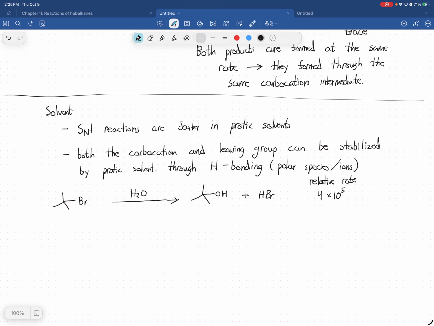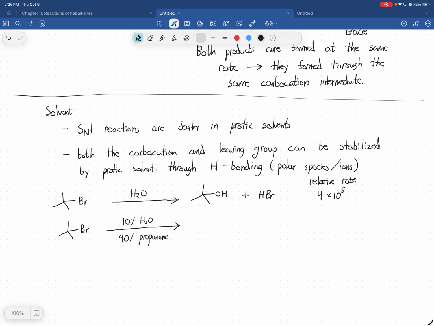All right, now let's see what happens if we dilute the water a bit by using a larger amount of a different solvent. So we're not going to use a protic solvent. We're going to use a polar aprotic solvent. So we have 10% water and then 90% propanone.